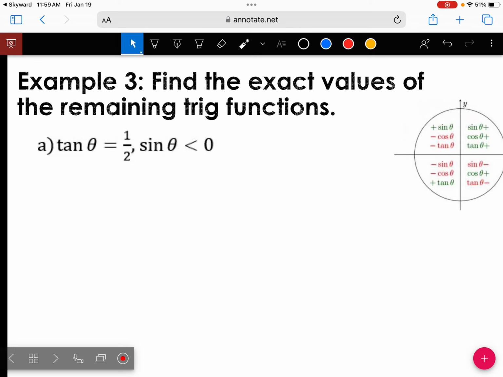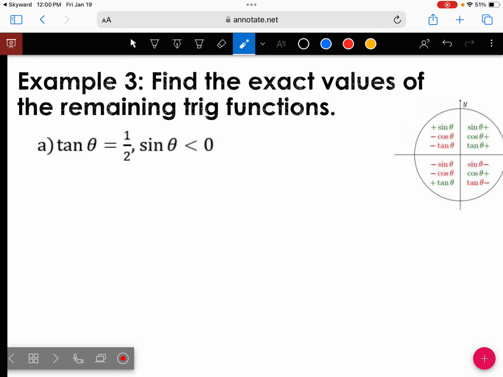Okay. And that right there, right above the 2, it almost looks like it should be an exponent or something. That's just a comma that separates the 2 pieces of information.